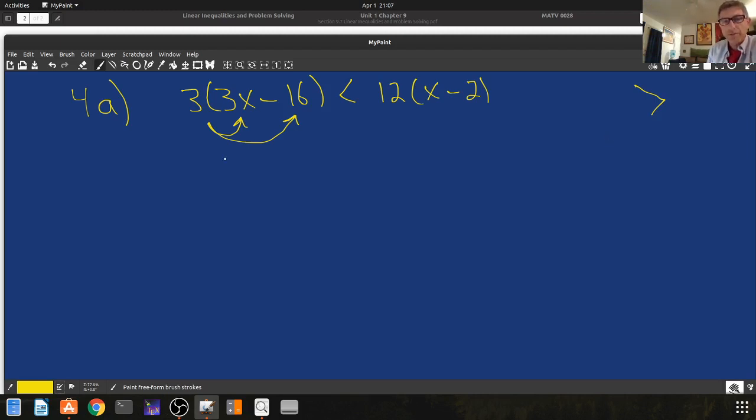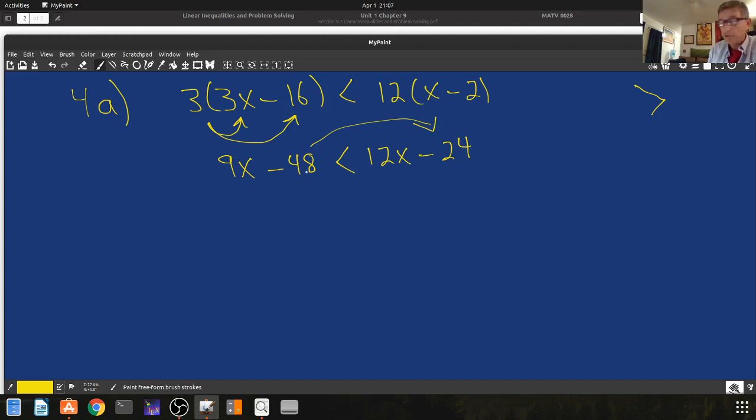So 3 times 3x is 9x. 3 times minus 16 is minus 48. 12 times x is 12x. And 12 times minus 2 is minus 24. So I'm going to move my 48 to the other side.